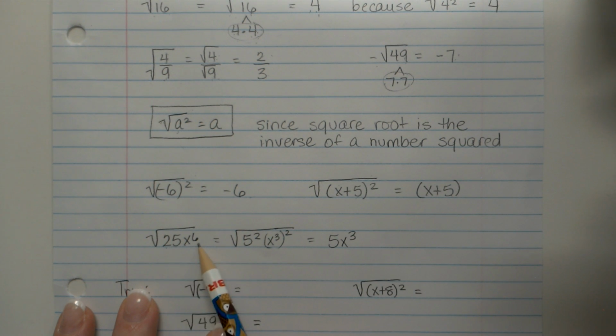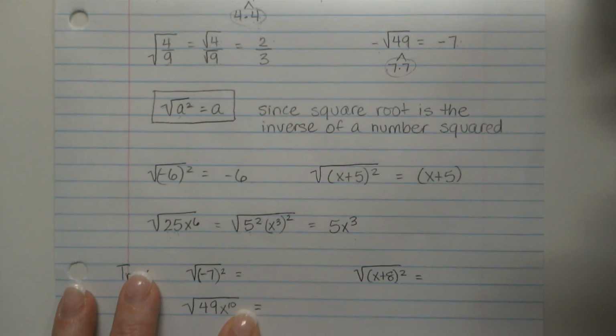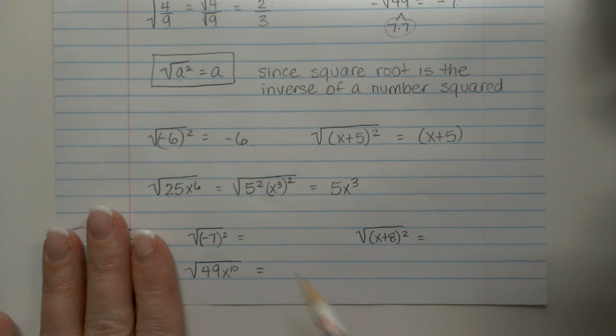The square root of this, I can factor this out to be 5 times 5, or 5 squared. And this is the same thing as x cubed squared. I rewrote it in terms of a perfect square. So the square root of something squared is that exact thing pulled out. All right, so try these.